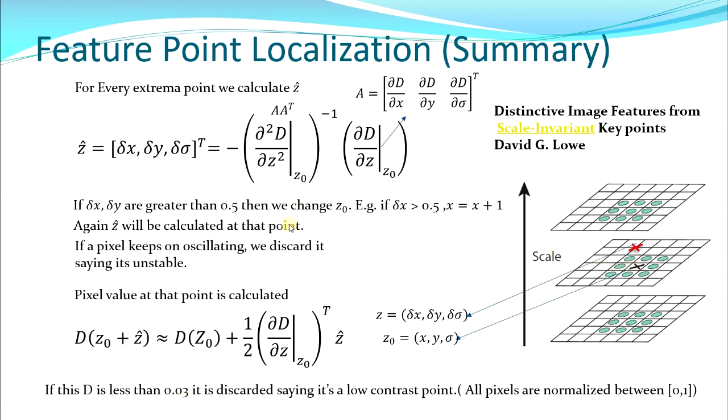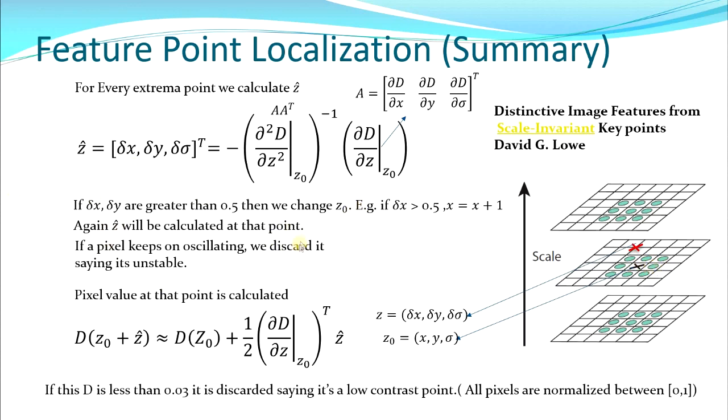Also, if we get del x and del y greater than 0.5, that means I have a point over here, and my del x is greater than 0.5, so it is more towards this particular pixel. If del x is greater than 0.5, you can see that it is more towards this pixel. So we change the value of z naught then. I will not take this pixel, but I will take its neighboring pixel over here.